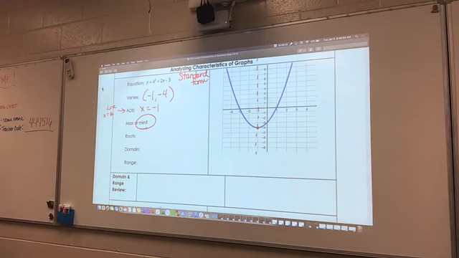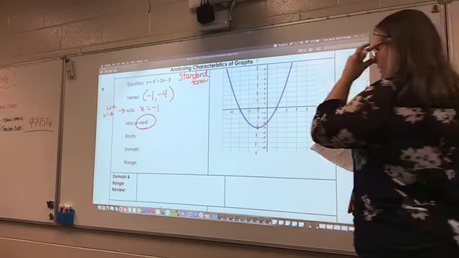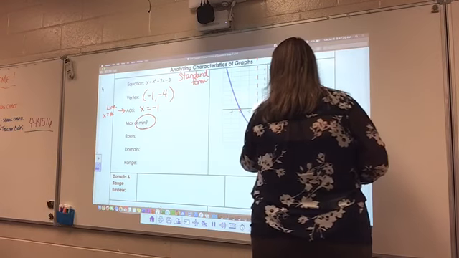Notice the next thing they ask. They ask this using the word roots. They could also say solutions. They could also say x-intercepts. They could also say roots. They could say zeros. What are we supposed to be looking for? Yeah, where the graph, the function, crosses the x-axis. So I see here and here.